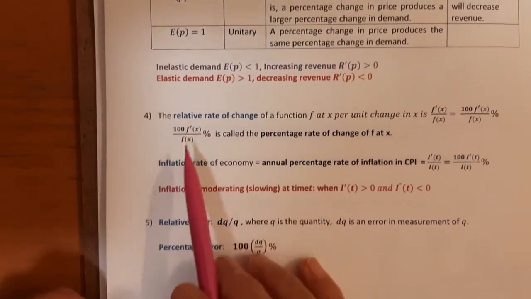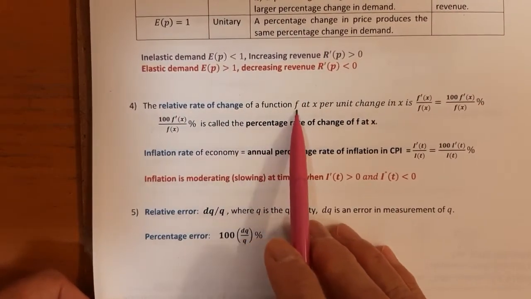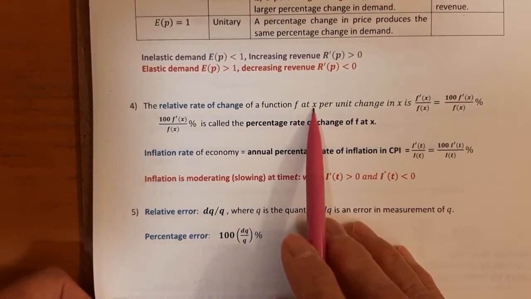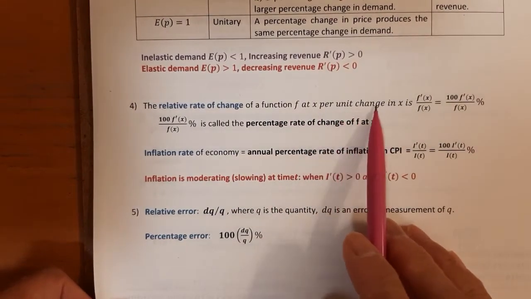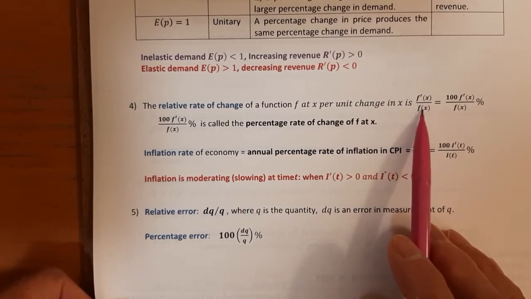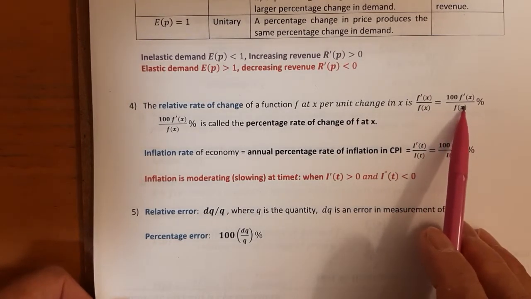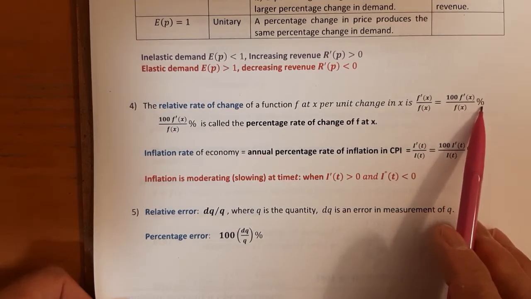The relative rate of change of the function f at x per unit change in x is f prime of x over f of x, and to change to a percentage, multiply by 100%.